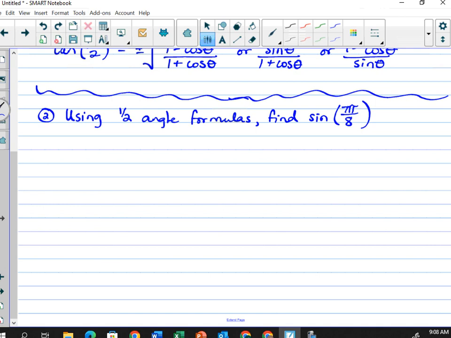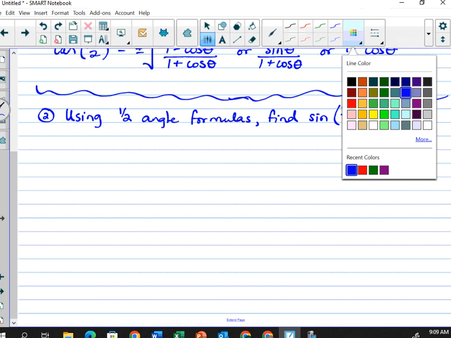I'll specify on your assessment, because there'll be a few times where you could find that with sum or difference formulas, and I might say, no, you have to use this one. I'll tell you which way I want you to do it, now that you know more and you have options.